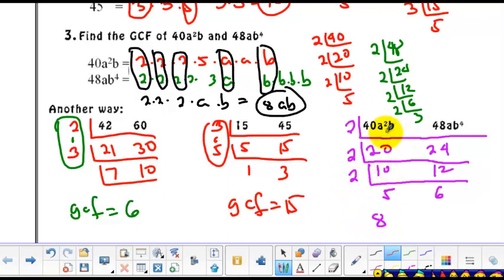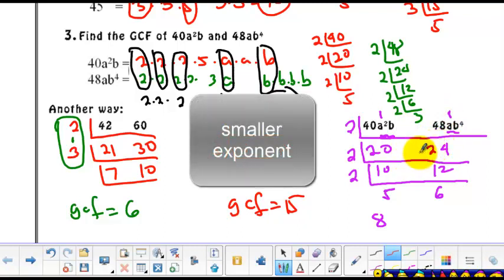Now since we have variables a squared b and ab to the fourth, to get the greatest common factor of these sets of variables, we just have to compare a squared and a. We are going to get the expression that has the smallest exponent.